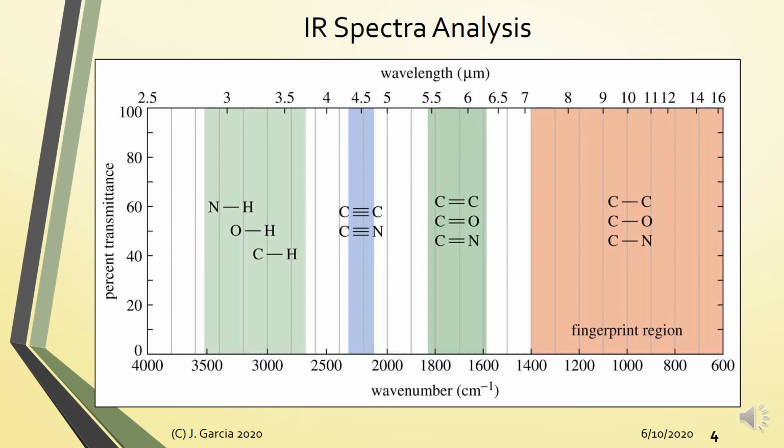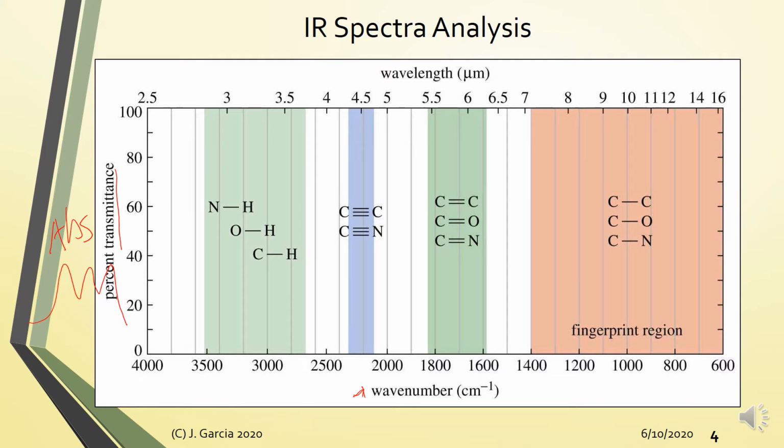Okay, so this is your generic IR spectra. So nasabi natin kanina, the x-axis is your wave number usually in per cm, and the y-axis is usually in terms of transmittance or percent transmittance, but this can also be in terms of absorbance, walang pinagkaiba yun, magbabaligtad nga lang yung itsura nung IR spectra.